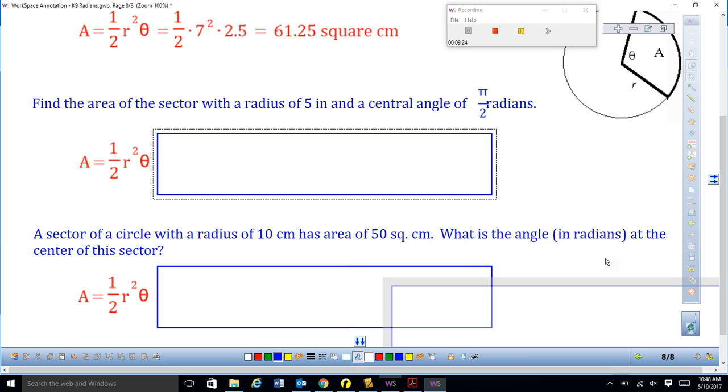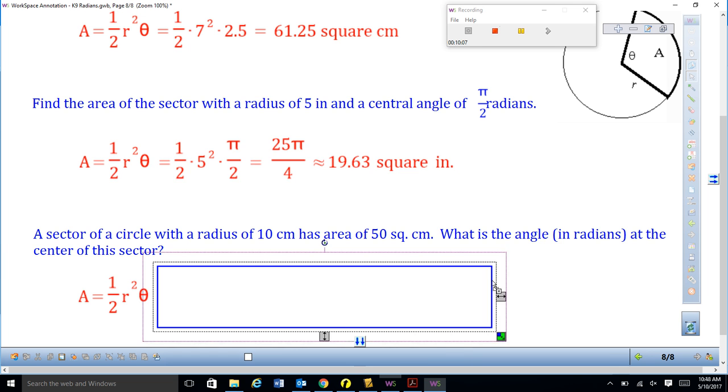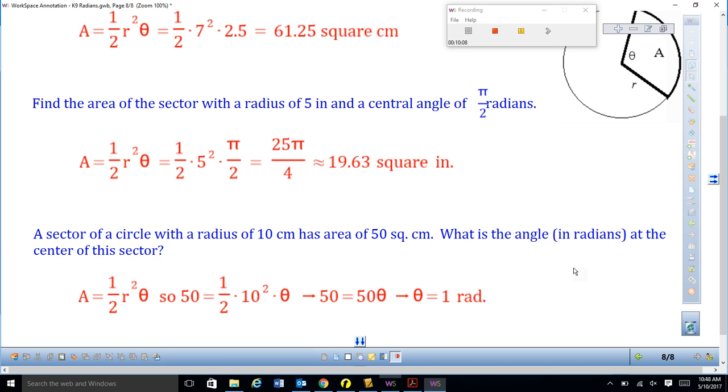So for our last one, a sector of a circle with radius of 10 has an area of 50 square centimeters. What is the angle in radians at the center of the sector? So this time, we're not finding the area. We want to find the angle in radians. So this time I substitute in 50 for my area and 10 for my radius.